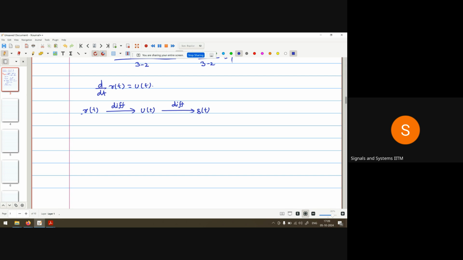Similarly, if I go to the reverse process, if I do the integration of delta t signal, it becomes u of t signal. If I do the integration of u of t signal, it becomes r of t signal.